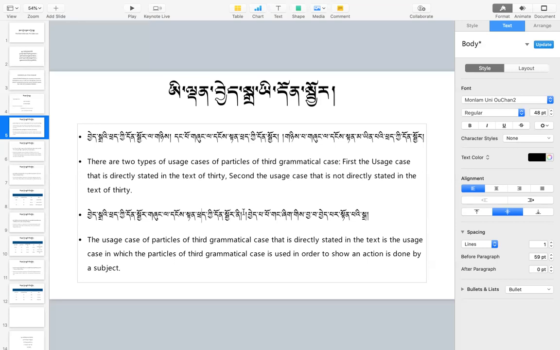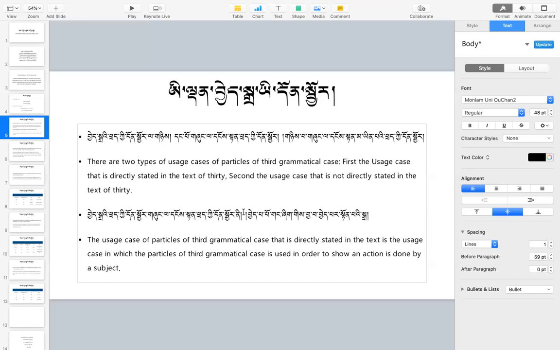This is the usage case that is more popular, known commonly by most native speakers and those who are learning Tibetan grammar, and it is directly stated in the text of 30 as well as the commentary of 30, which talks about the usage case of the particle of the third grammatical case in which it depicts an action done by a subject.